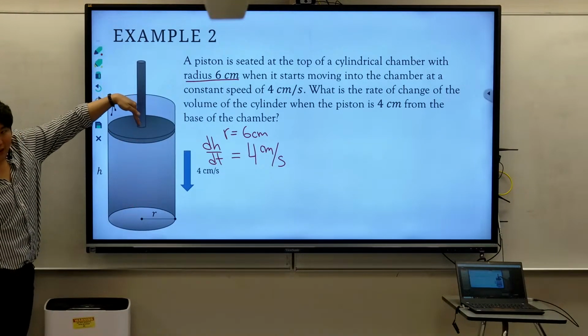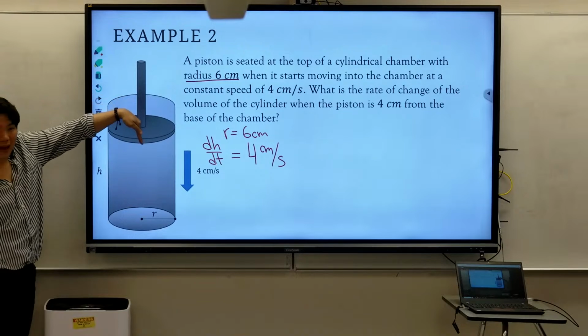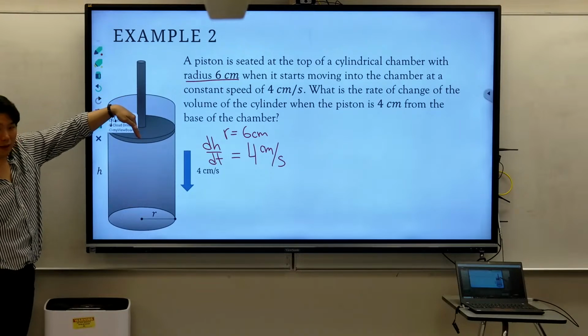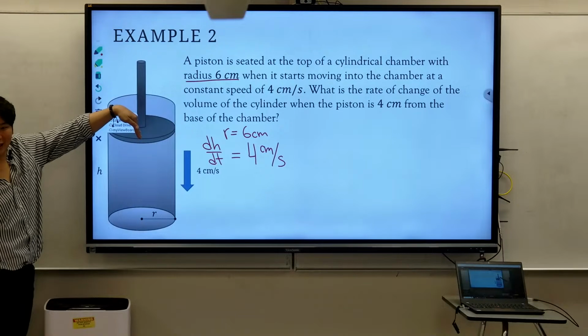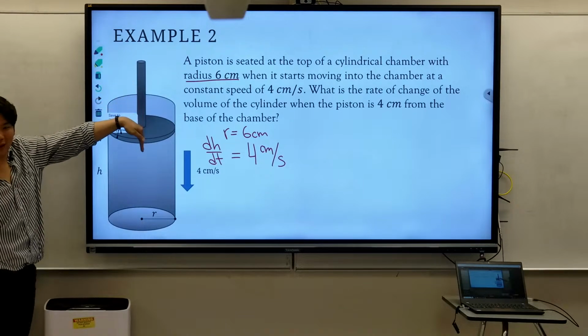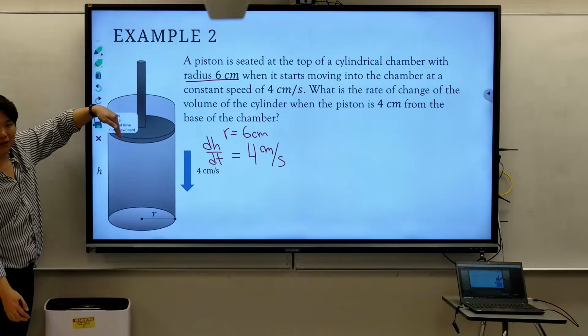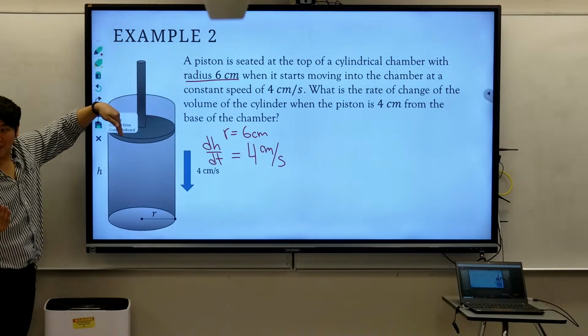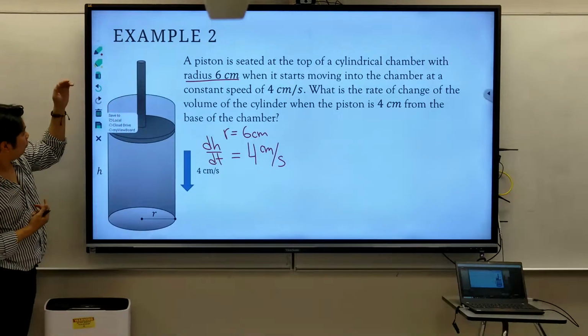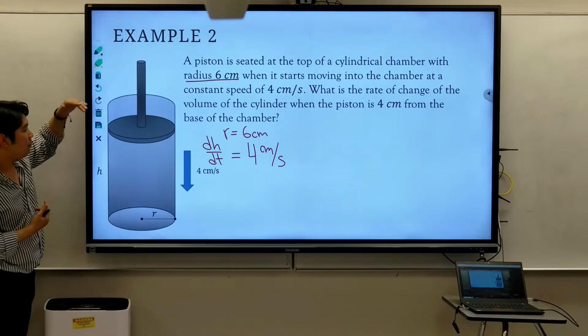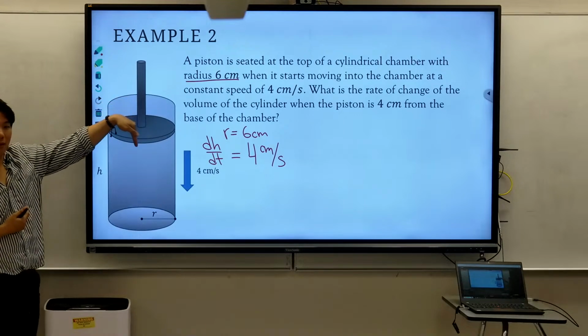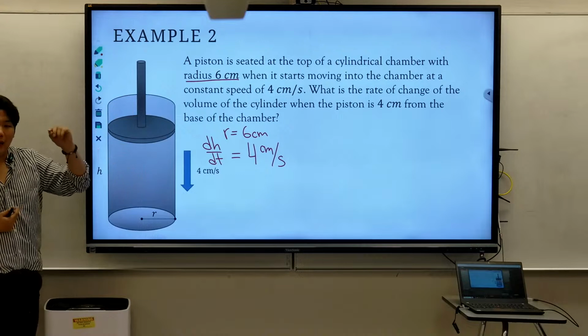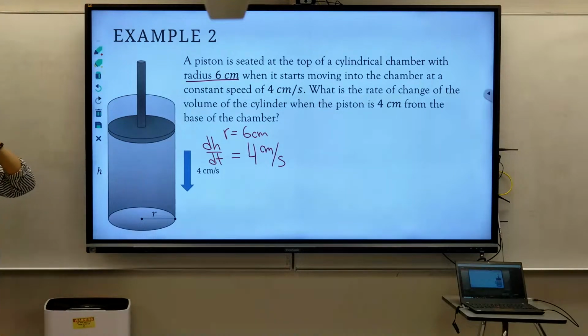As this goes down at a rate of 4 centimeters per second, what is changing as I push this down with that cylinder? The height is changing. My height is changing as my piston goes further in. And this is why I'm saying that it is the rate of change of my height.